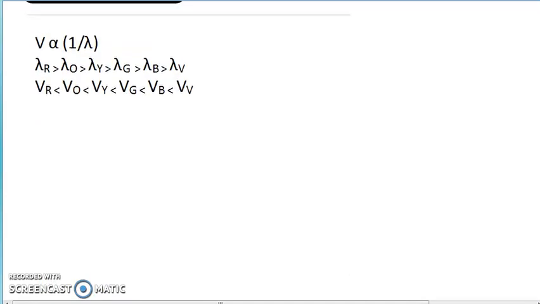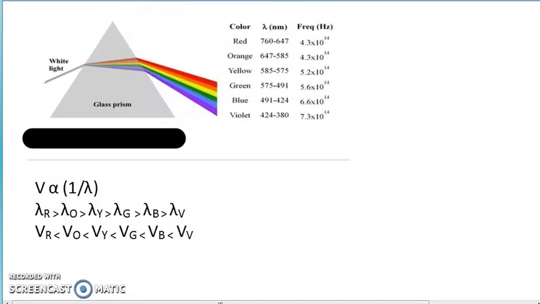See, on observing this, can we give one statement? The wavelength is inversely proportional to the speed of the light, since v equals frequency times wavelength, no? So if you consider the frequency as a constant, the wavelength will be inversely proportional to the velocity of the light that we are using.